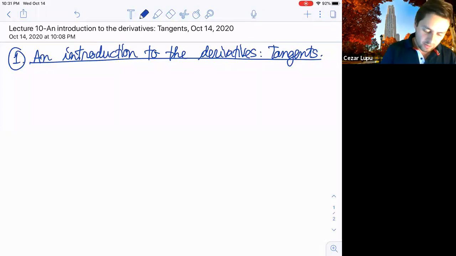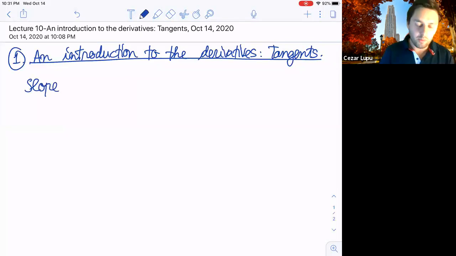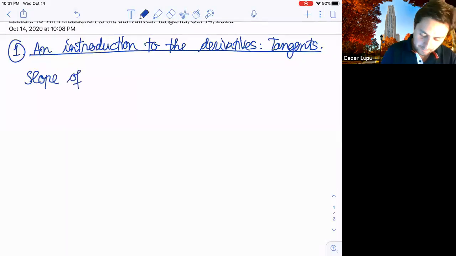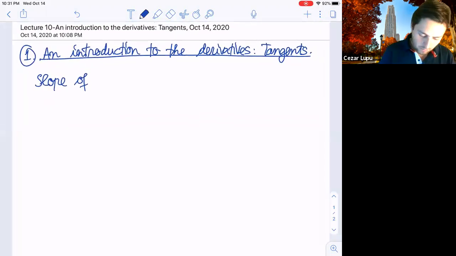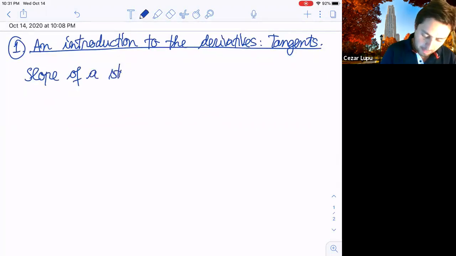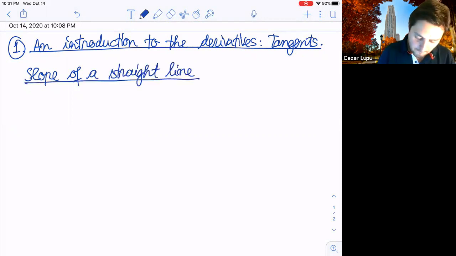So now let's start slowly, and we will say a few words about the slope of a straight line. Let me draw a picture first.